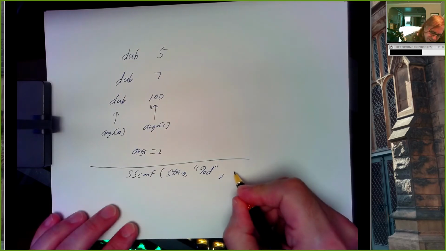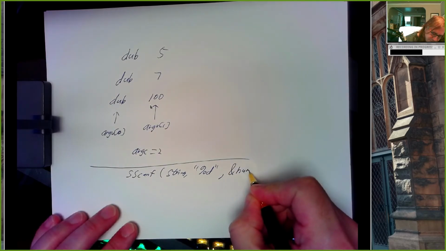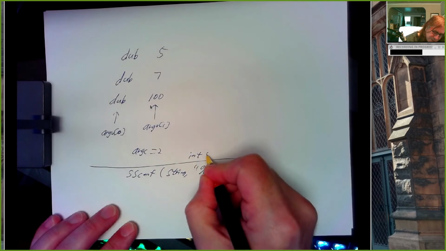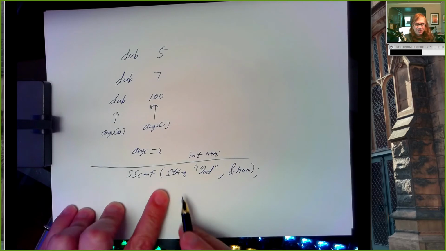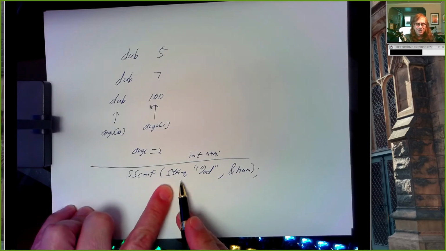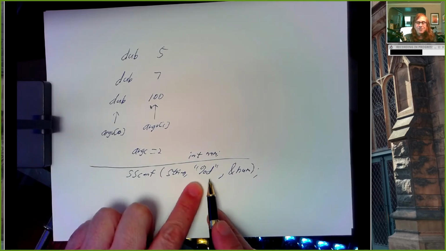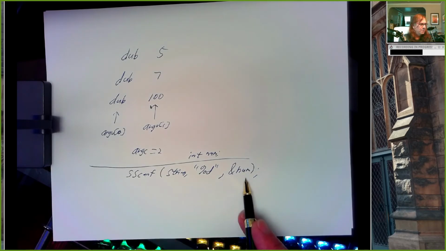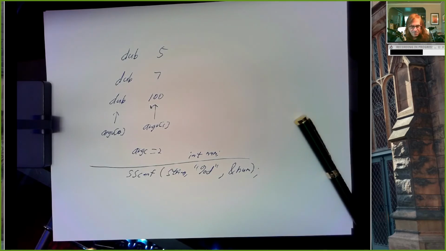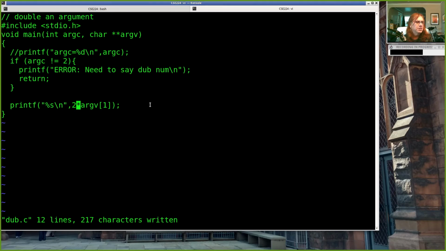So I'm going to say address of num, where I've declared num to be an integer. What this will do is look in this collection of characters, hopefully find an integer in there, take the integer value of that string and store it in this variable called num. All right, so let's do that.